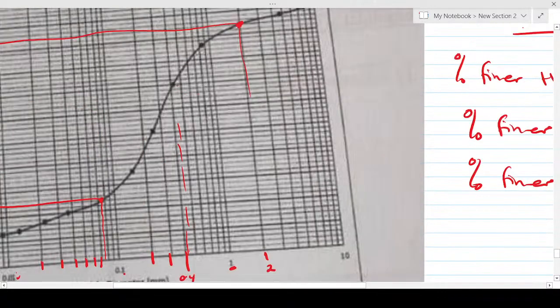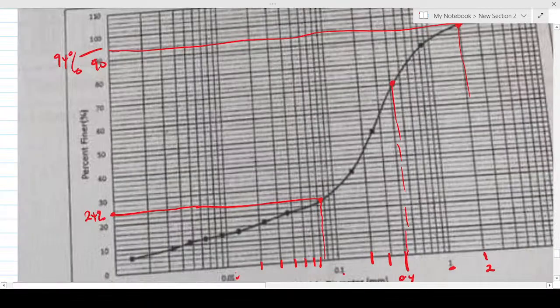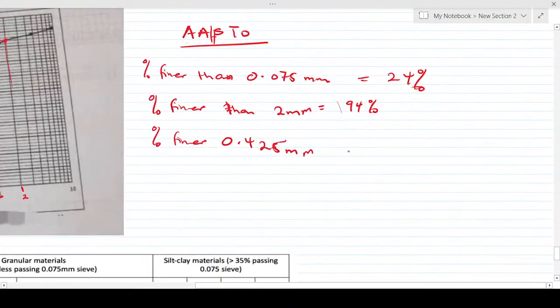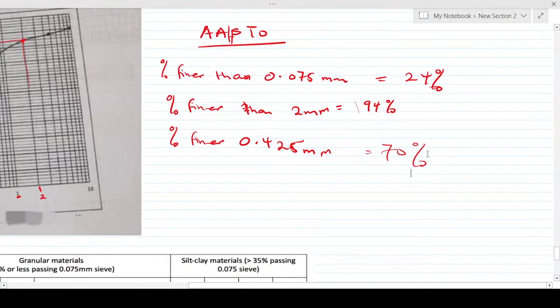Then you trace that value, and that's approximately 70%. So we have read out the three values we need for AASHTO classification. Take note of them, because we are going to use them.